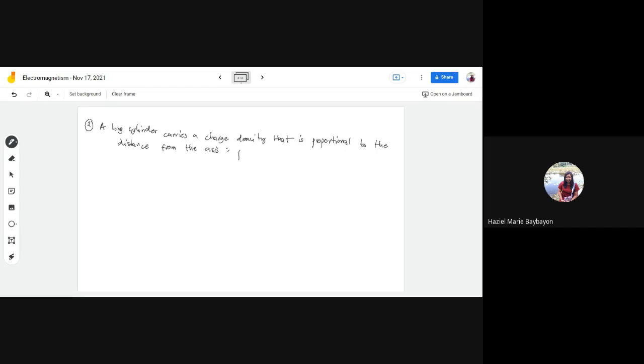So that is rho is equal to k s prime for some constant k. So find the electric field inside the cylinder.